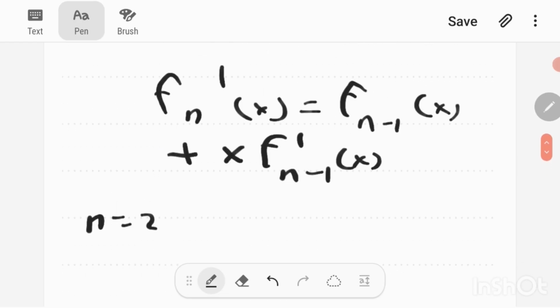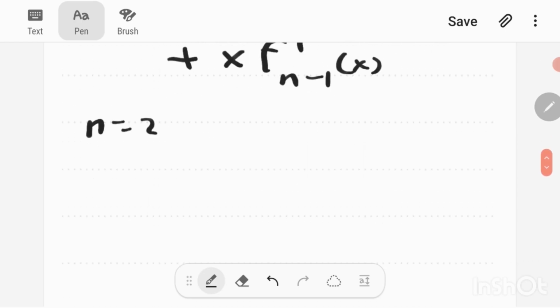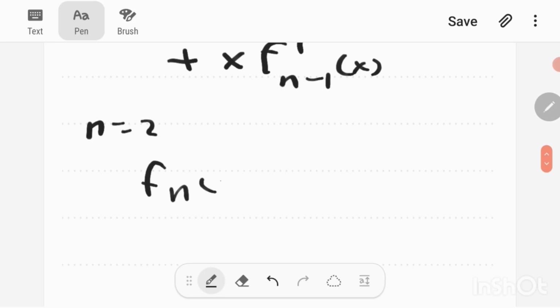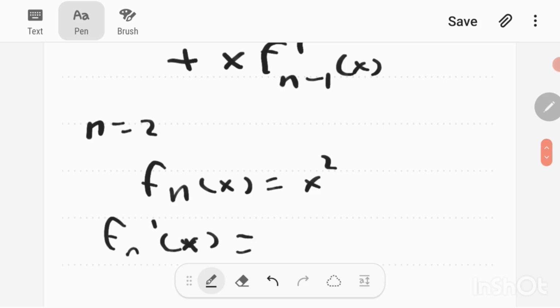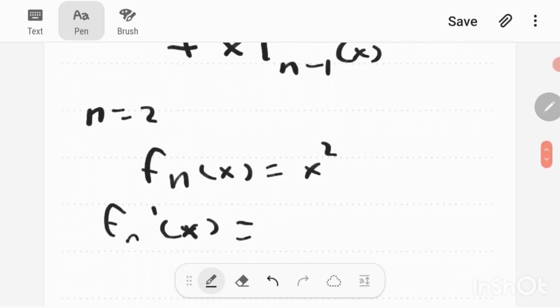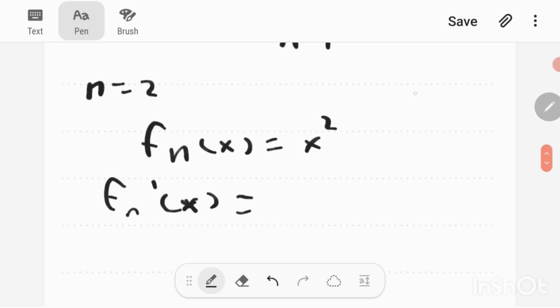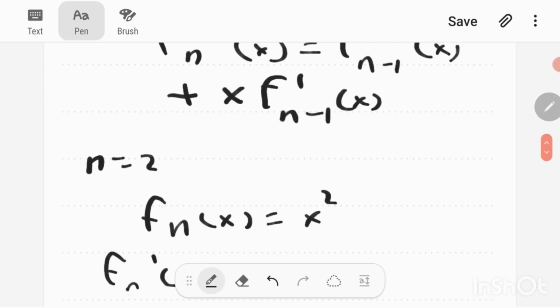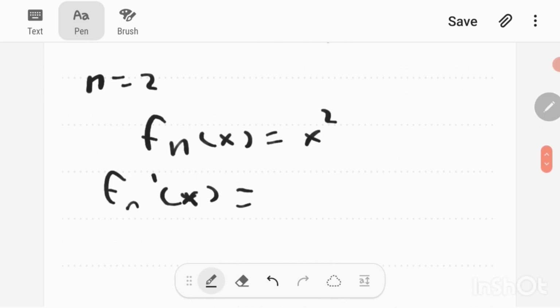Let's test it with degree 2, so x squared. We can write f_n of x. I should just write f_2 of x, but f_n of x works fine for this notation. For f_n prime of x, we can use the formula with f_{n-1} of x. So n minus 1 is 1, so x plus x times the derivative of x to the power n minus 1.